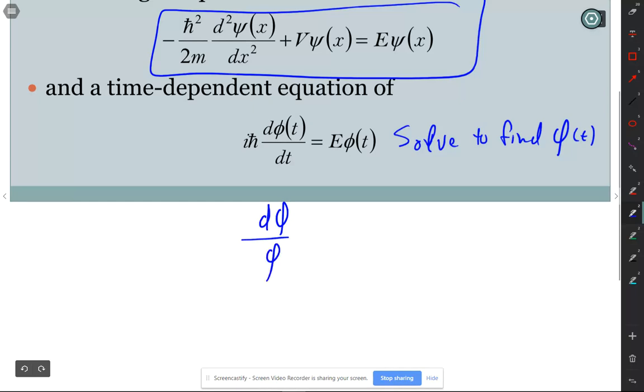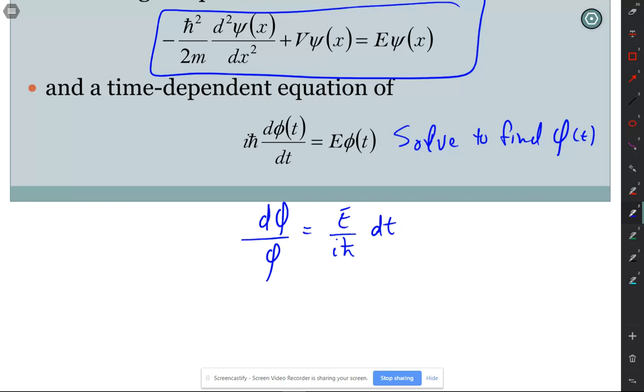Notice I'm dropping this as a function of time here. d phi over phi is equal to E over i h bar dt. I multiply both sides by dt, so I get it in the numerator position. I divided both sides by phi, so it would not be with the dt. And so now the left side and the right side are independent.